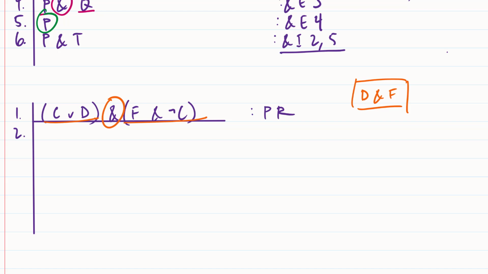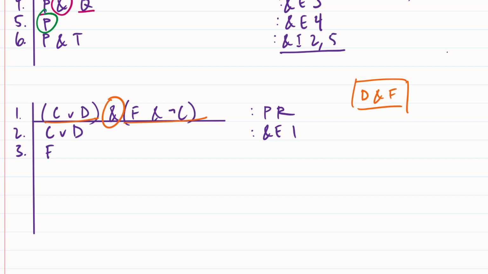We can start with either one. I'll just start here. Conjunction elim, line 1, and then I'll do the same thing on line 3 for the other side of the sentence on line 1.